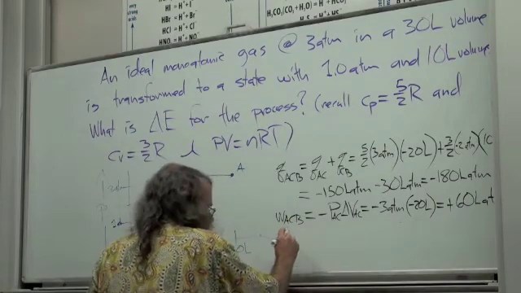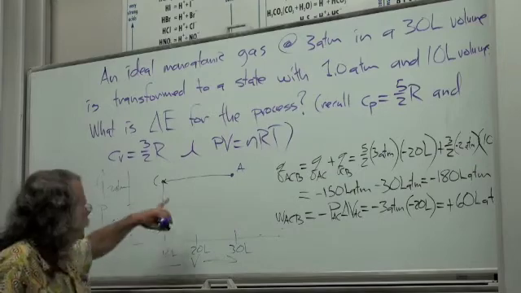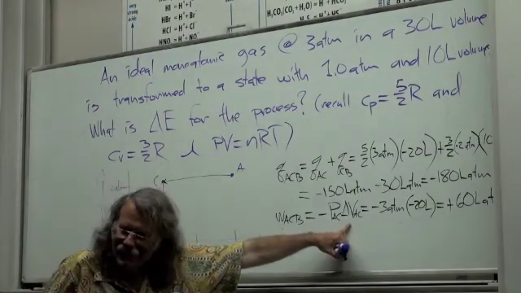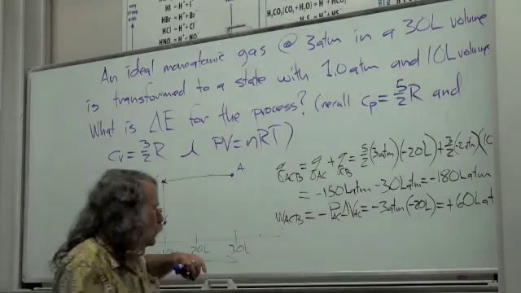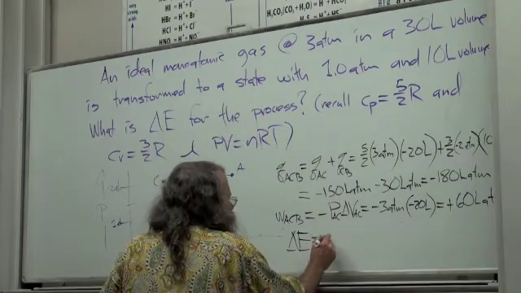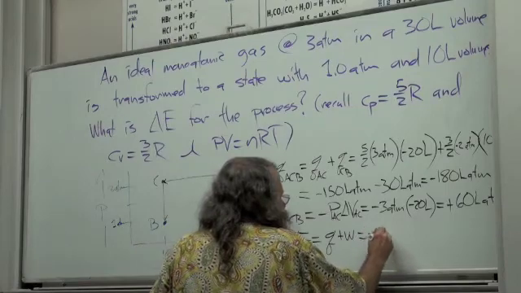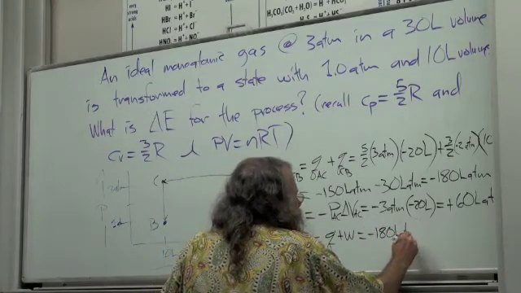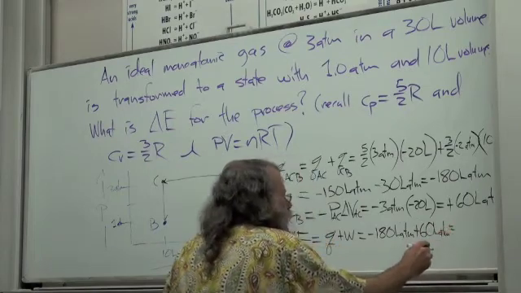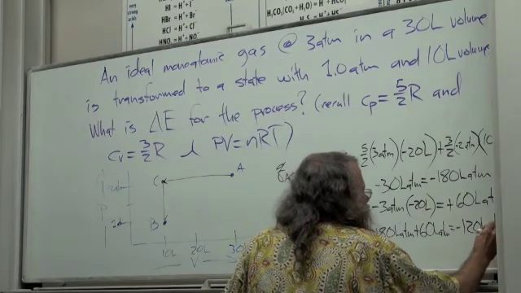And W_CB is 0 because the volume doesn't change. So delta E is equal to Q plus W, which is minus 180 liter atmospheres plus 60 liter atmospheres, equals minus 120 liter atmospheres.